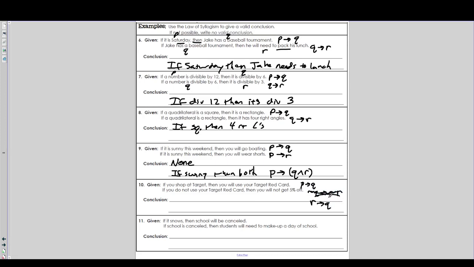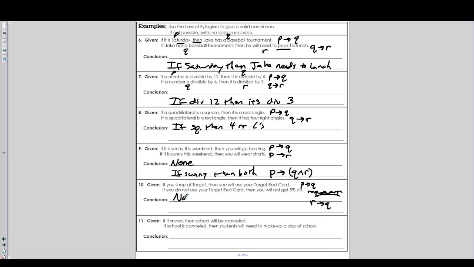So now we can discard that, and we see that we have P to Q, R to Q, and we know we cannot conclude anything from that because the conclusion is the same for both. Technically, we could conclude if P or R, then Q, but we're not even looking at that now.